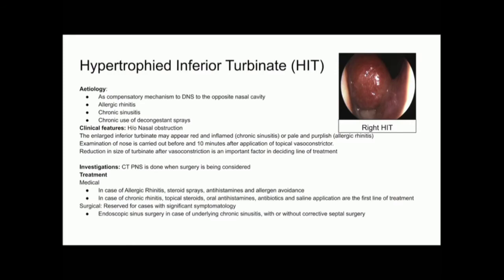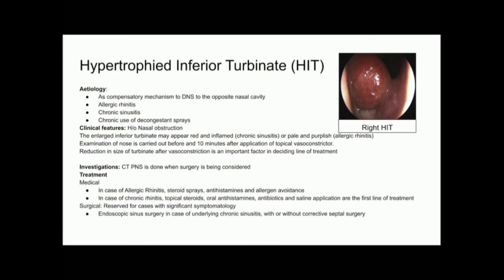Investigations: a CT scan of the nose and paranasal sinuses is carried out when surgical line of treatment is being considered. Treatment: medical line of treatment can be done in case of allergic rhinitis and chronic rhinitis. In allergic rhinitis, steroid sprays, antihistamines, and allergen avoidance are done. In case of chronic rhinitis, topical steroids, oral antihistamines, antibiotics, and saline application are the first line of treatment.